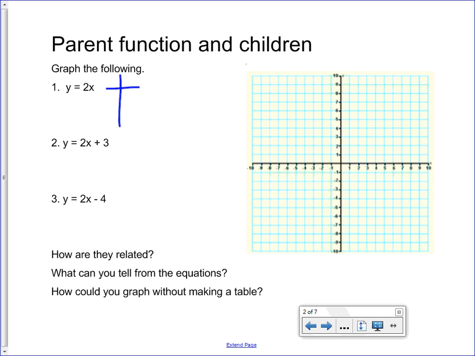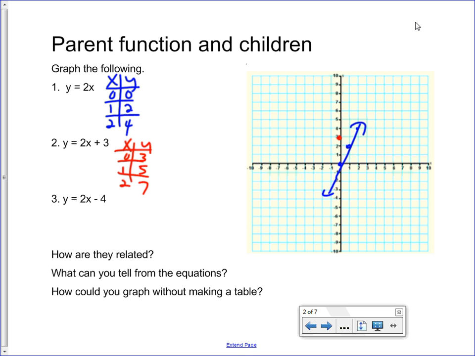So this we talked about yesterday. We talked about parent functions and graphs. If I were to graph this first one and plug in these three numbers, I would get a 0, a 2, and a 4. If I graph it, it would have looked like this line. If I would have graphed the second one using those same three x values, I would get a 3, a 5, and a 7.